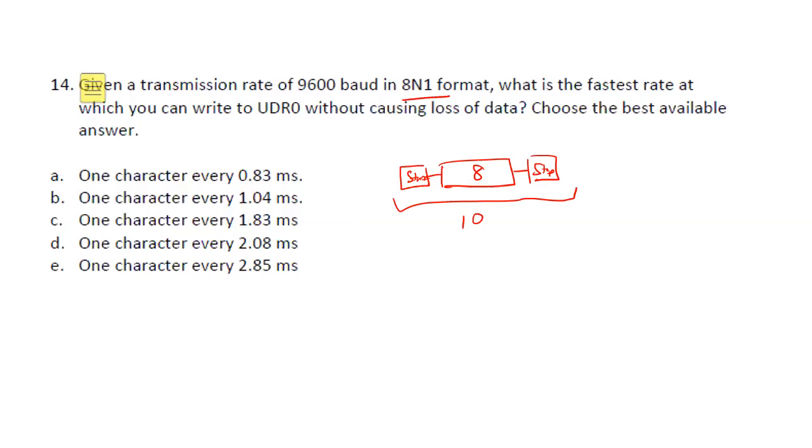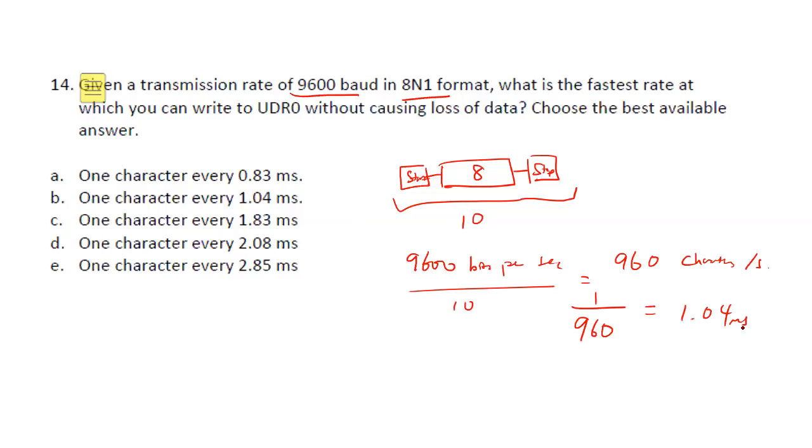When I say character, think of it as one complete character where you have a start bit, the 8-bit data plus the stop bit. So 960 characters, or 960 packets, is what you can send over in 1 second. Which means the fastest I can update my UDR register is 1 by 960, which is 1.04 milliseconds.